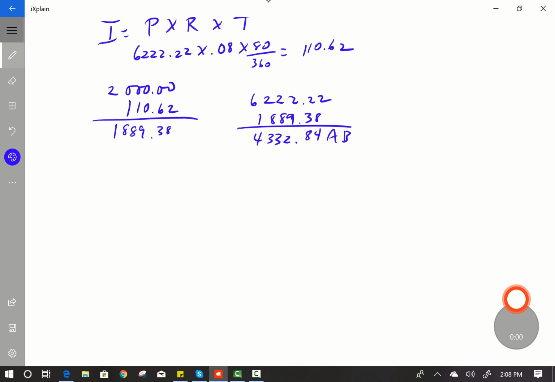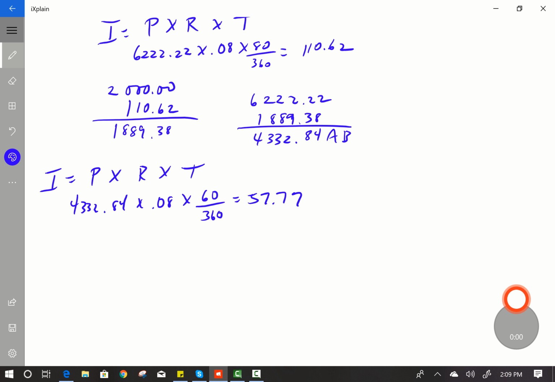Okay, so let's run back down here at the bottom. We're going to take interest is equal to principal times the rate times the time. We're going to take our previous balance of $4,332.84 times 8% or 0.08 after moving the point 2 places to the left. And then I have 60 days remaining until maturity over 360. So that means interest is going to be $57.77. The only thing here is I did not have this to apply to a partial payment, so I can't subtract it from a partial payment.